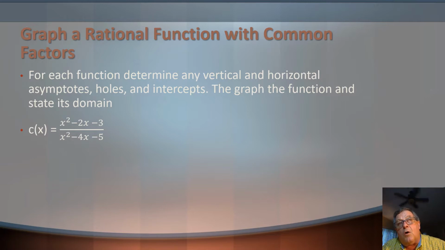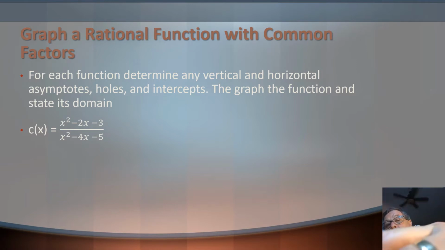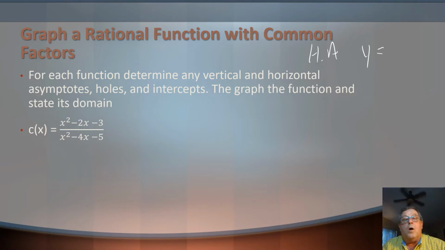The degrees are the same, so the horizontal asymptote is determined by the ratio of the leading coefficients. This is 1 over 1, so I'm going to have a horizontal asymptote where y is equal to 1.